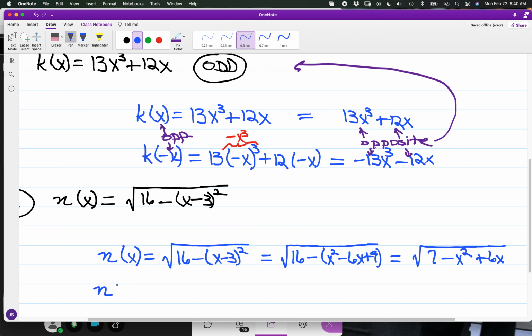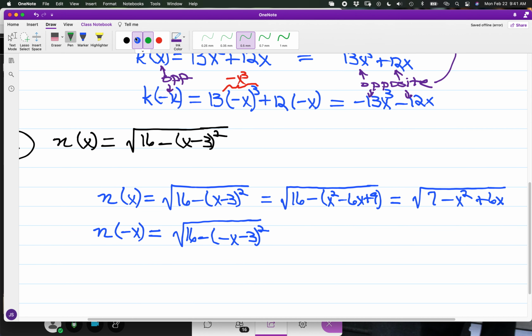Now for n of negative x, we have 16 minus, and here we're going to put in negative x as opposed to x. Just to mention, for negative x minus 3 squared, we have negative x minus 3 times itself.